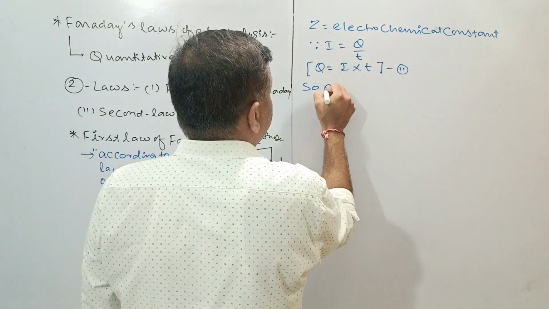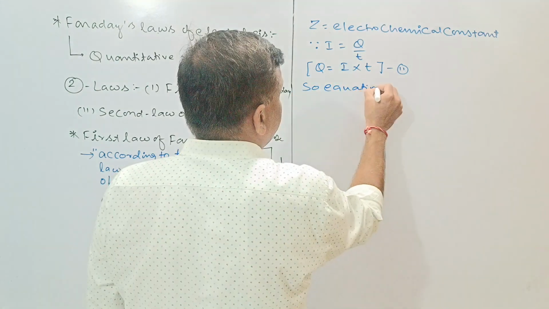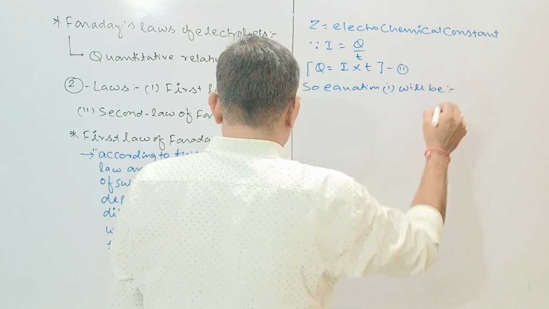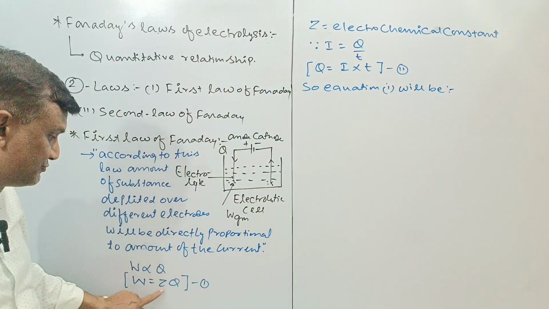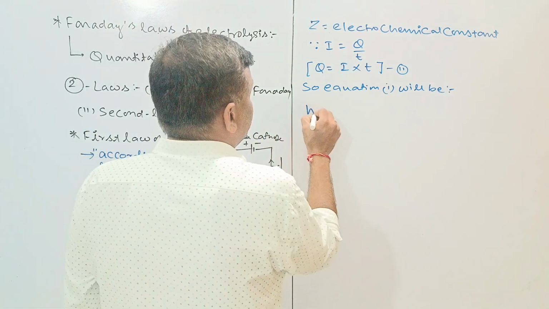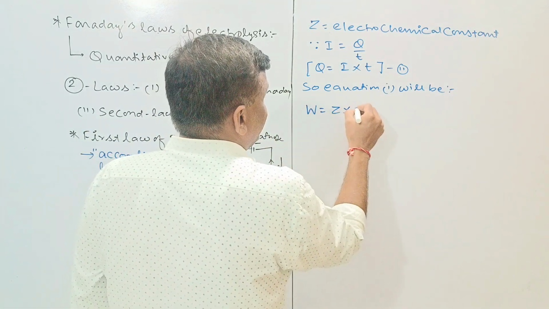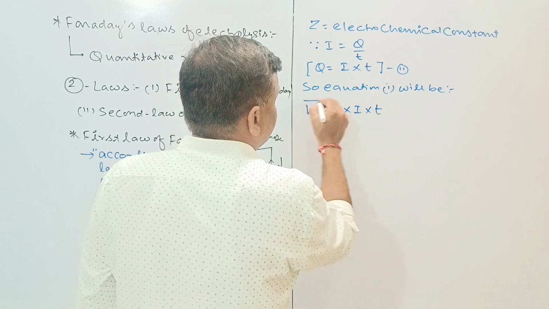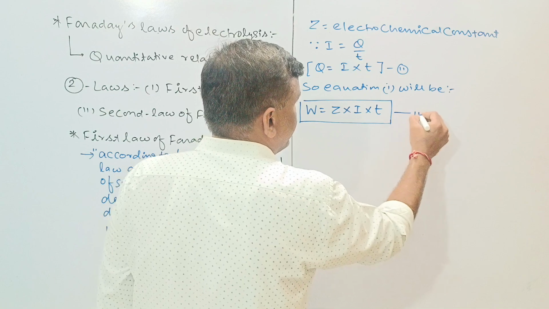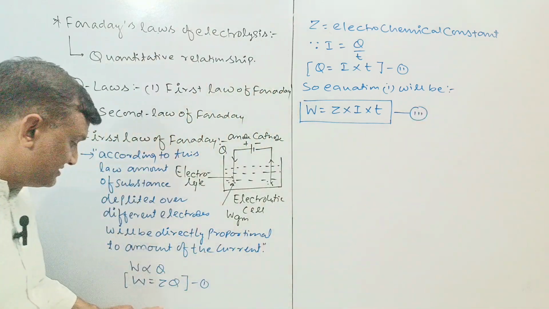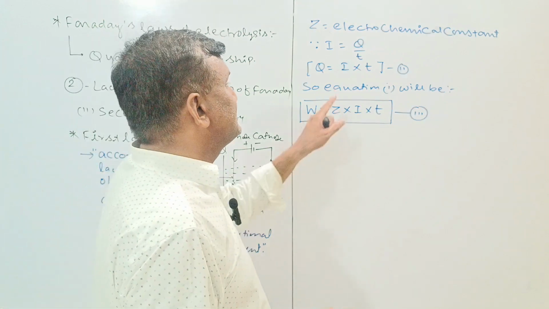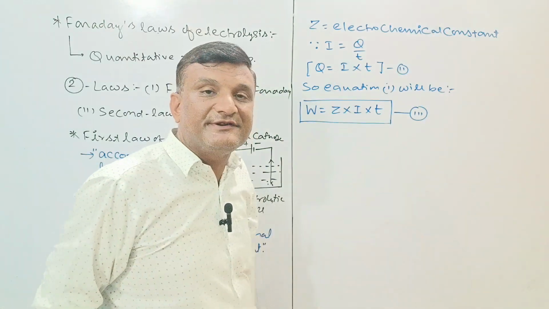Equation first is W is equals to ZQ, so Q is equals to I cross T. Then it will be W is equals to Z into I into T. This is another form of Faraday law. These are the three equations.